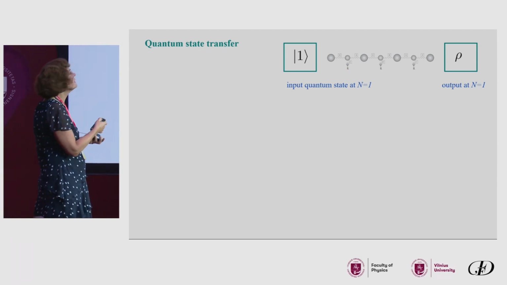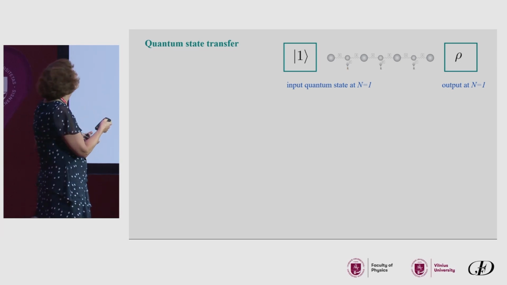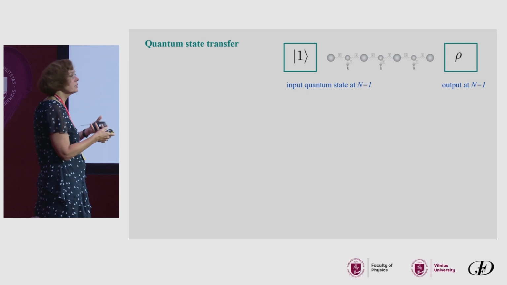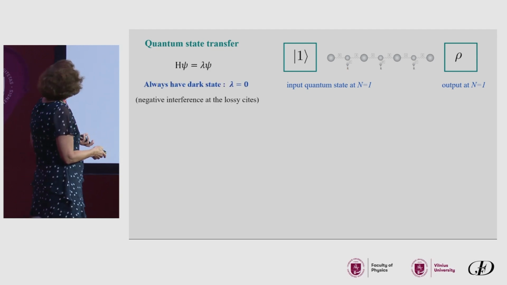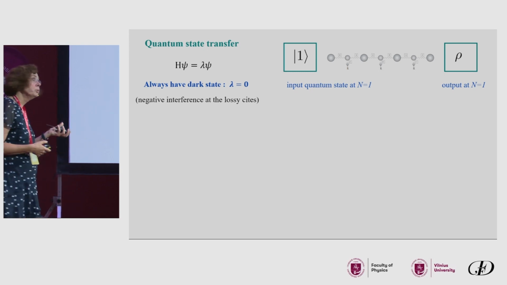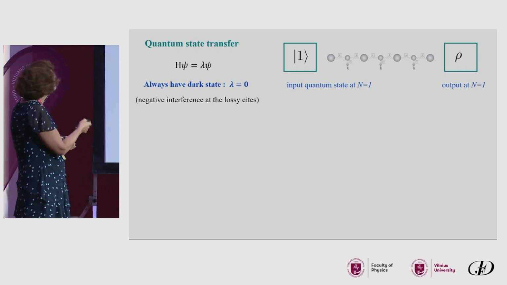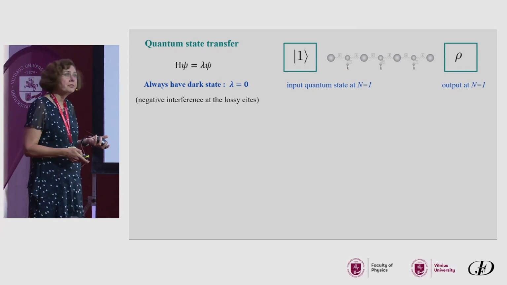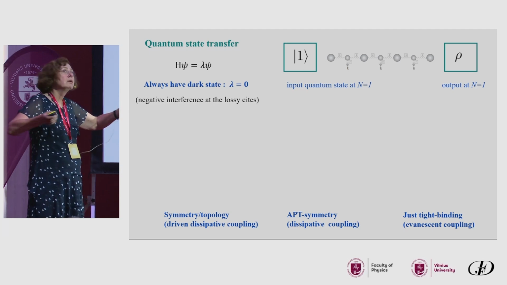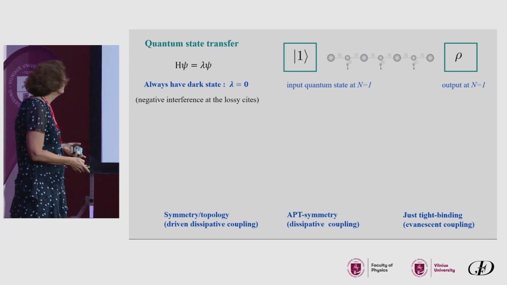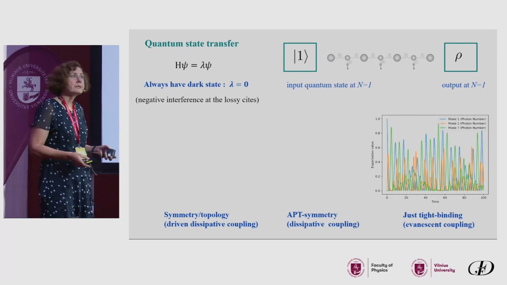For example, I have a single photon, and because I want to show it with a single photon, I assume for the moment that these modes are really clean, with just dissipation loss. I will exploit what I just showed you with these symmetry effects, that I will always have the dark states, negative interference, and lossy sides. With normal evanescent coupling, it will be just chaotic beating between the modes.